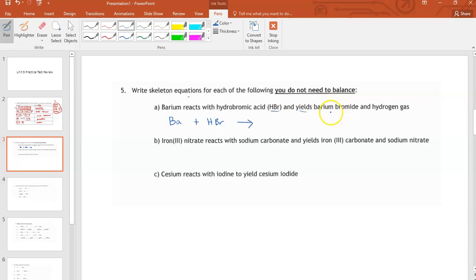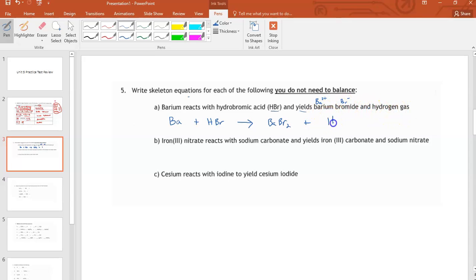Now, in this case, because we are combining barium with a new material here, we're going to need to know the charges. Barium's a metal with a +2 charge. Bromine is a non-metal with a -1 charge, which means our formula is going to be BaBr2 plus hydrogen gas.